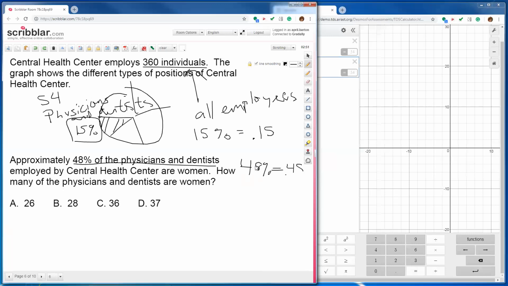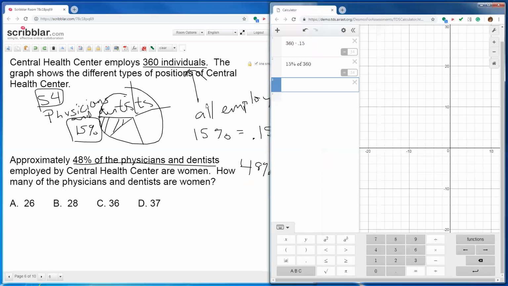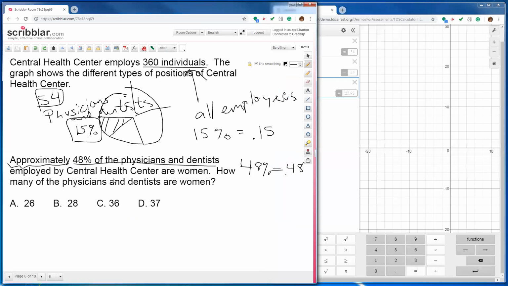And then we do the same thing, but now with our new number, 54 times 0.48. Our number's close, but what's our closest answer? We have to round. It'd be the 26. Yep. You gotta have that approximately again. So approximately means it'll be close, but might be a little off.